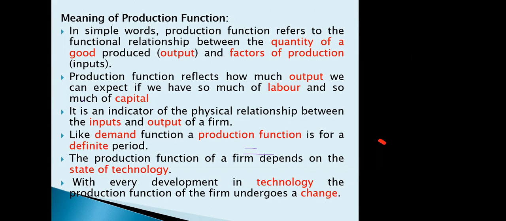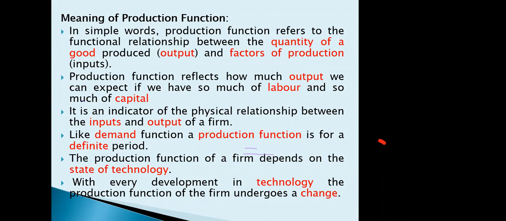Output means what? How many products you are producing, and factors of production means what? These are the inputs, that is the land, labor, capital, और क्या देखा था हम लोगों ने? Organization. Okay, so what is the exact relationship between these factors?